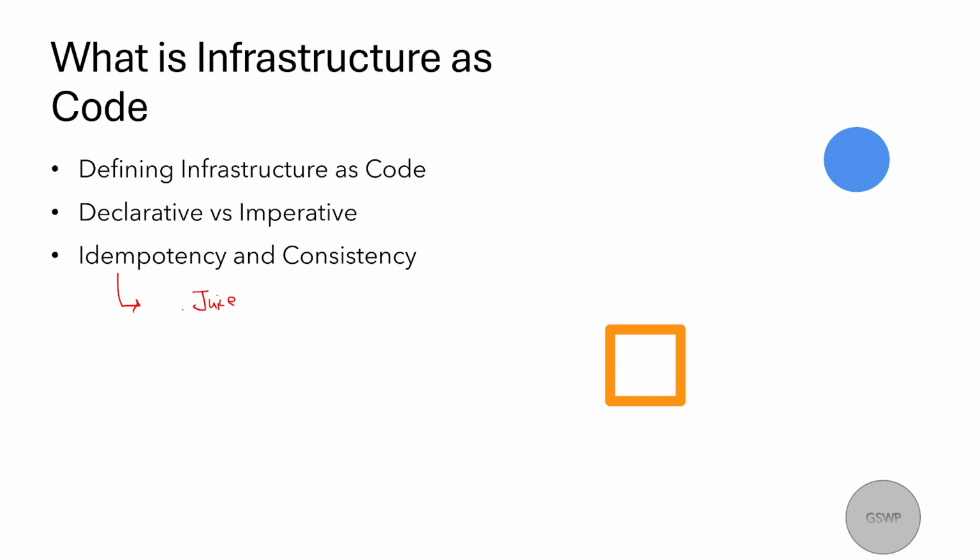If I already ordered a juice and then I want to order it again, then the application will tell me that you already ordered juice, which means you already have it. So idempotency means if I run my code multiple times, it will not change anything from the previous state. It will always return the same state that you have.